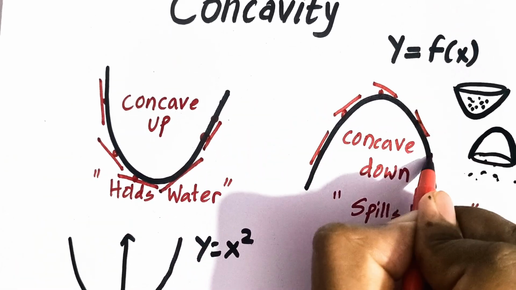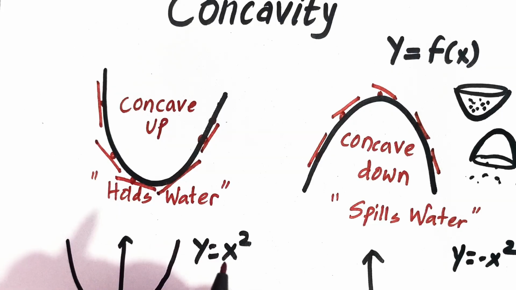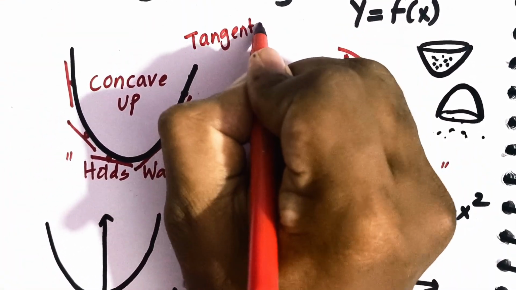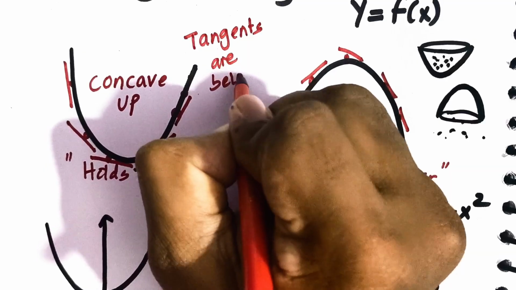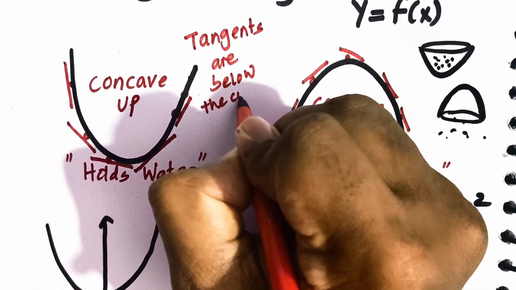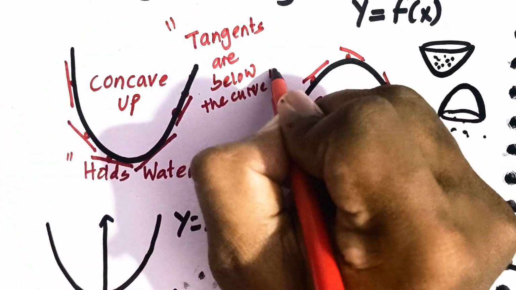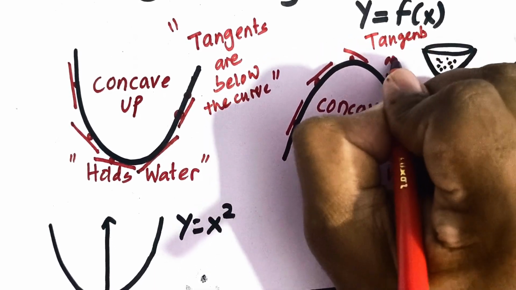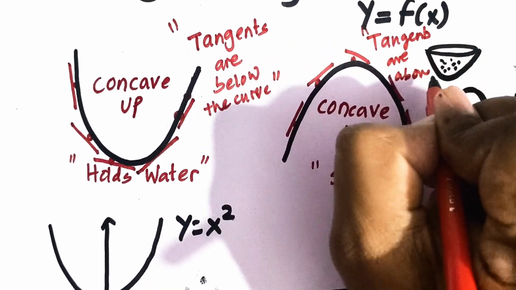At each point, the tangents are above the curve. So here tangents are below the curve. Here tangents are above the curve.